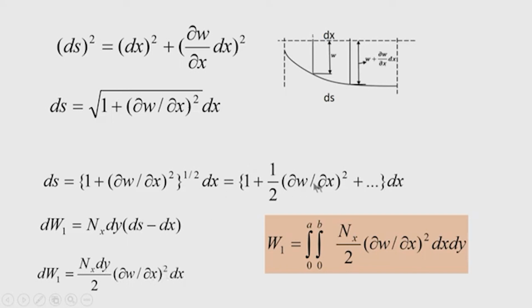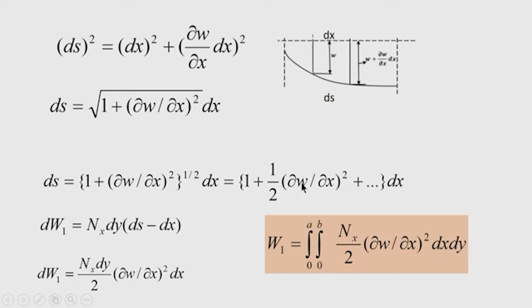That is the force, and half of this is the net displacement, because after subtracting dx from ds we get the net deformation that must be considered for calculating the work done by Nx dy.